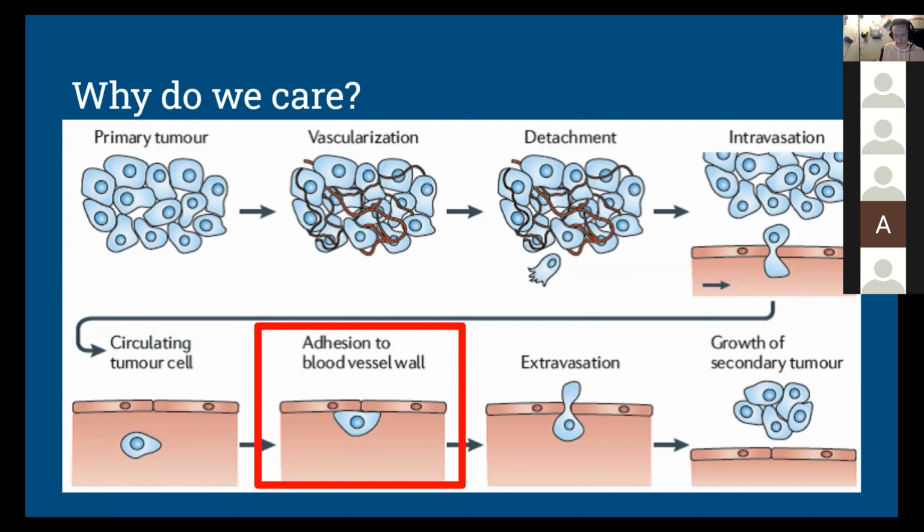Then it has to re-adhere to that new surface so that it can form a new tumor elsewhere. We're talking about adherence, so it's at least something that could be involved. And since cancer cells tend to hijack whatever is in sight to suit their needs, I'm sure it is involved in at least some cases.